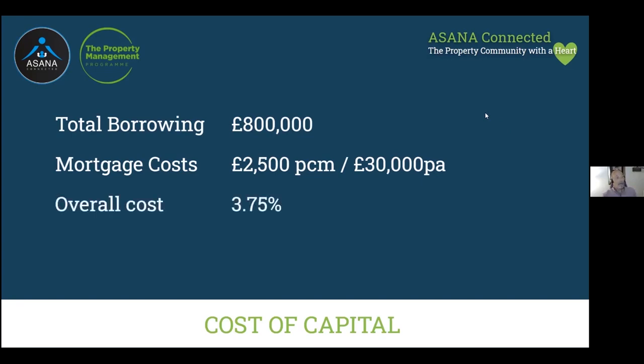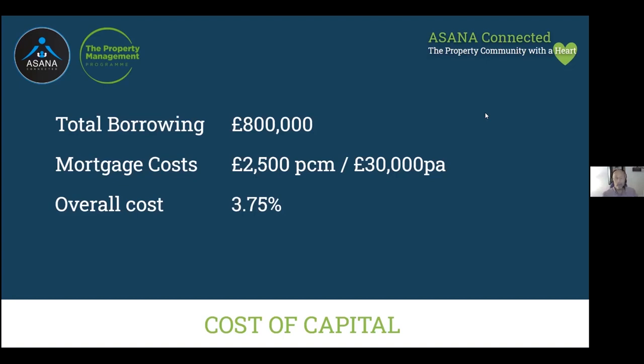Then we can see that the overall cost of the capital that we've borrowed, the debt, if you like, is 3.75%. If you have additional costs associated with that, you may have mortgage costs and then other lending that might be a slightly different rate. But take a holistic view of your portfolio.